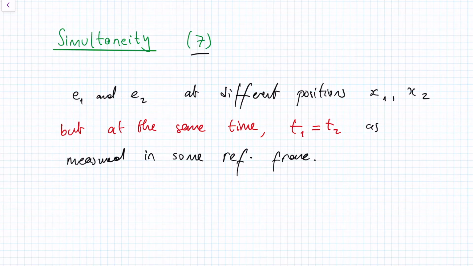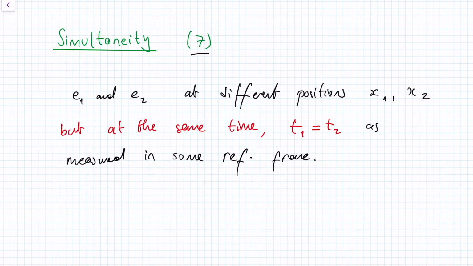So we have two physical events, taking place at different positions in space, but at the same time measured in some reference frame. As you know, if you change your reference frame, the time might change, right? So that's the definition of simultaneity in relativity.